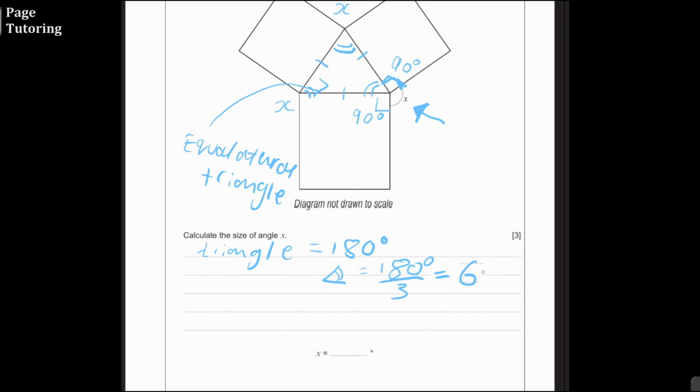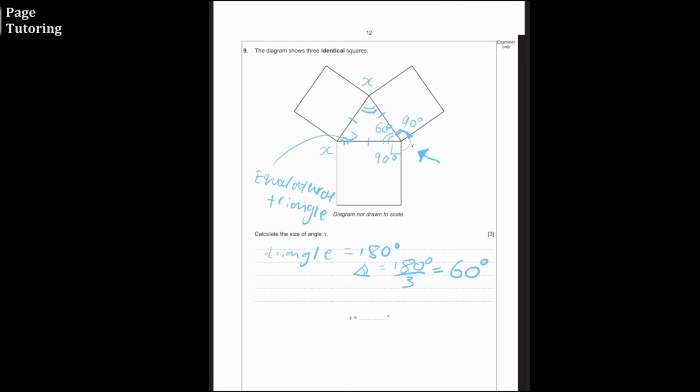So that would be 60 degrees. Okay, so we can mark our 60 on here. So we've got all of the angles surrounding that X.